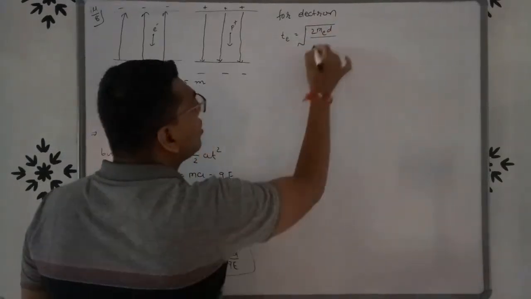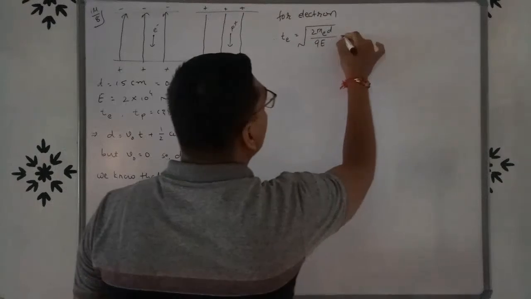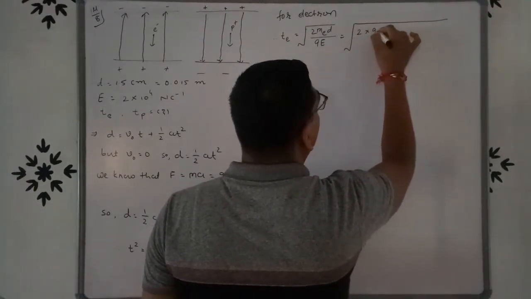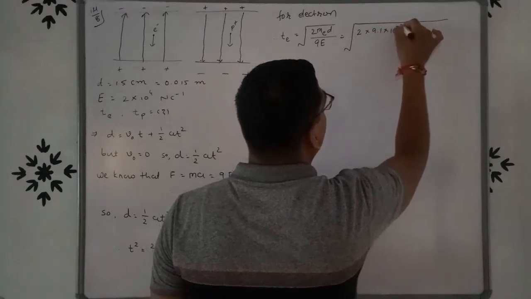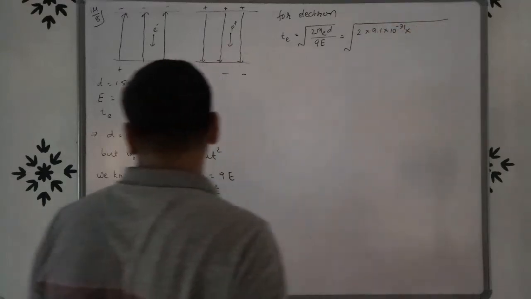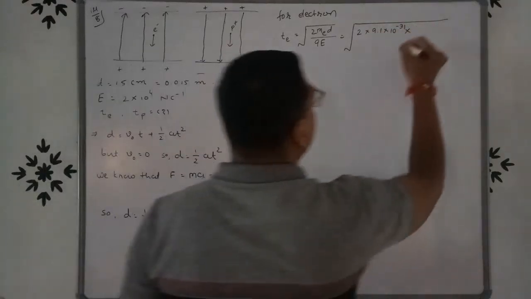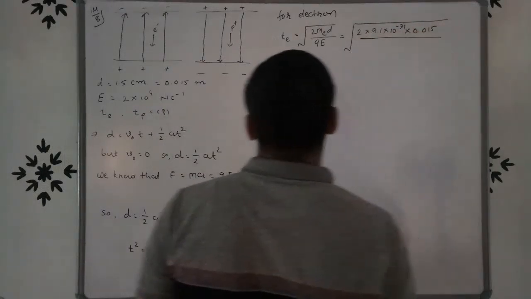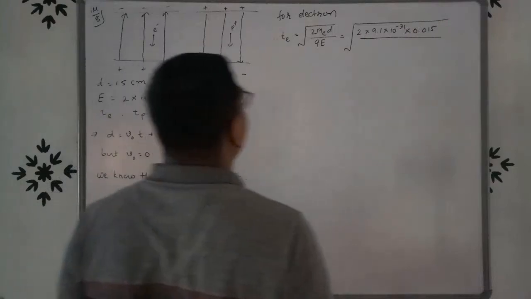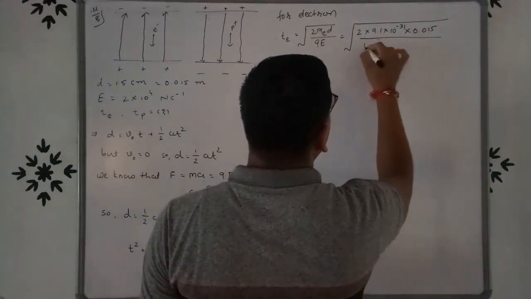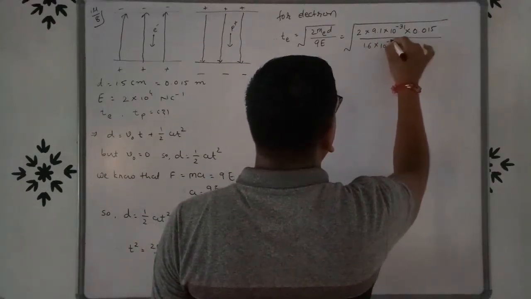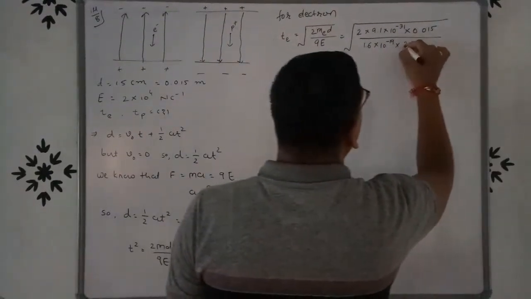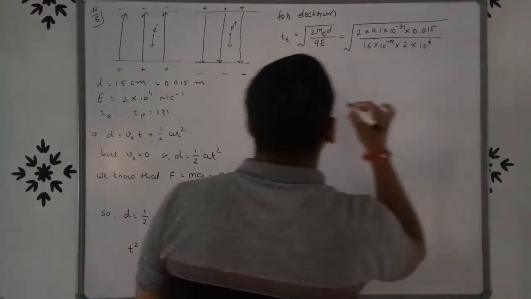So under root of 2, mass of electron 9.1 into 10 raised to minus 31, the distance is 0.015, divided by Q, charge on electron 1.6 into 10 raised to minus 19, value of electric field 2 into 10 raised to 4.